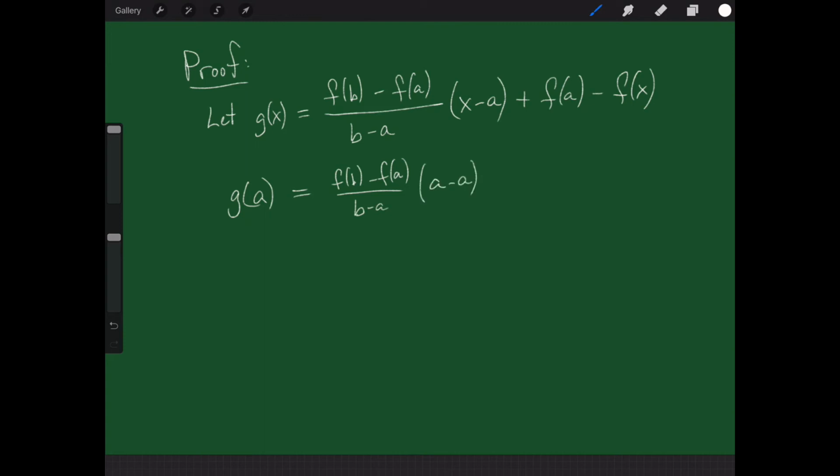Well, a minus a is 0, so this whole thing is just going to be 0. But I still have plus f of a minus f of, well, this is an x, so I plug in a. So I get f of a minus f of a, and that's also 0. So I just end up with 0. So g of a is 0.